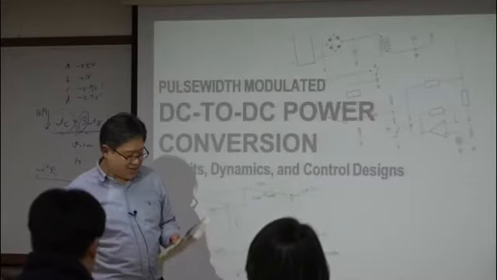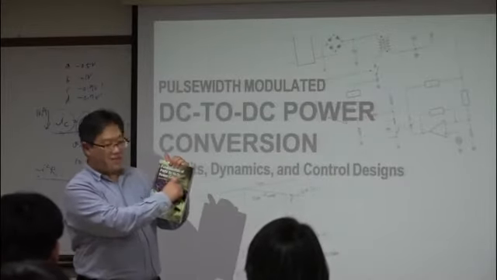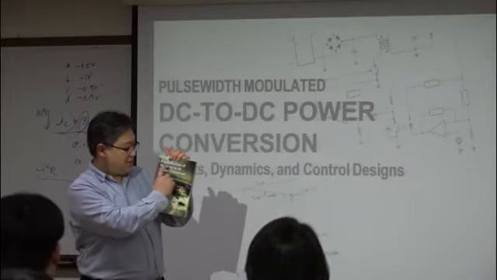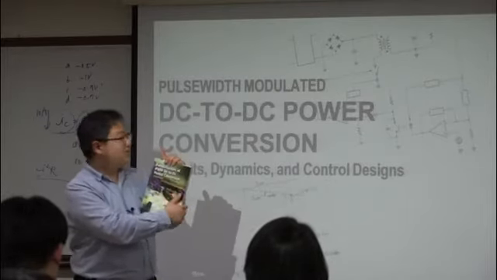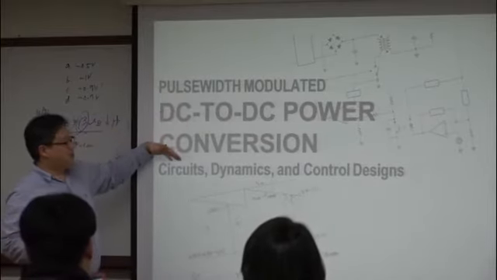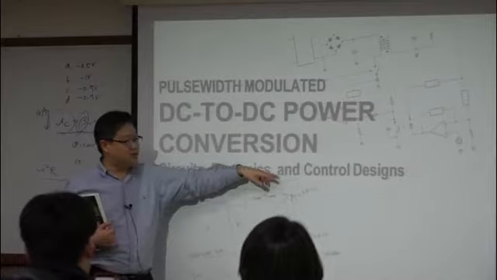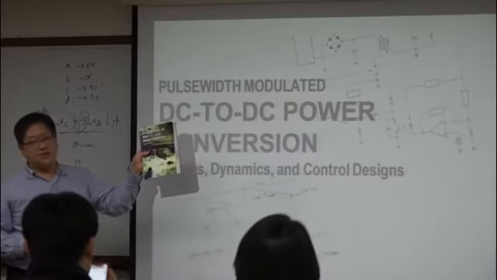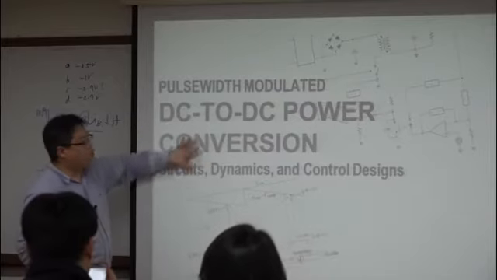Okay. In fact, the title is a little bit different. In your textbook it is Fundamentals of PWM DC to DC Power Conversion, but the lecture note is Pulse Width Modulated DC to DC Power Conversion: Circuits, Dynamics, and Control Designs. So in fact, this textbook is a part of this book.